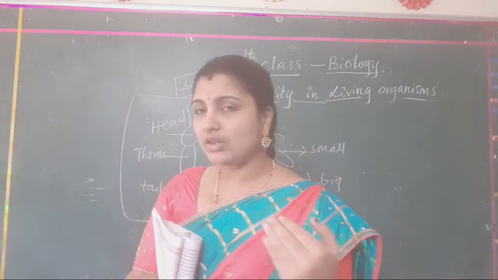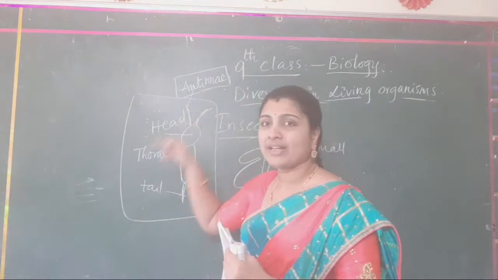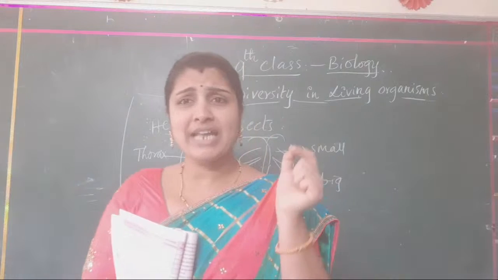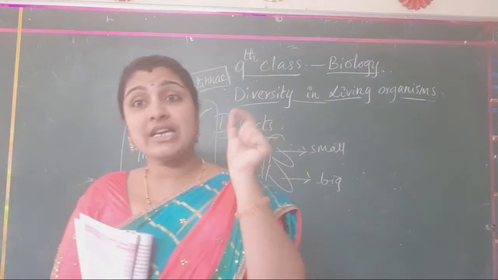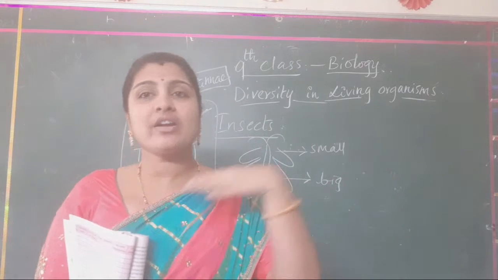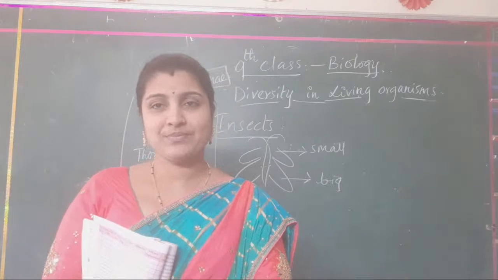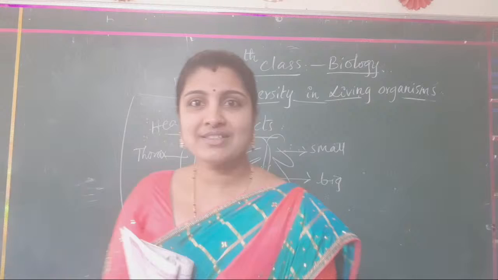So what is happening? This antenna is present. With the help of that antenna, they touch the body surface of the other ant and recognize whether this ant belongs to our colony or a different colony. Understood, students?